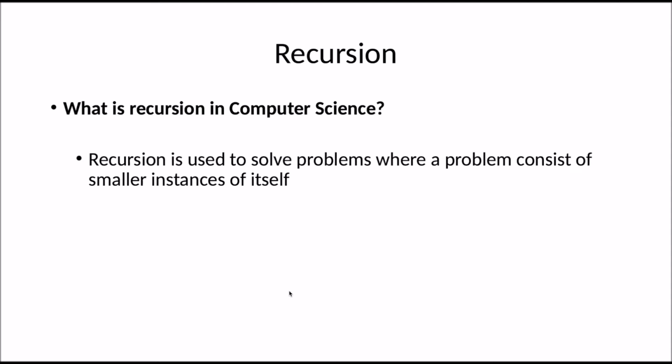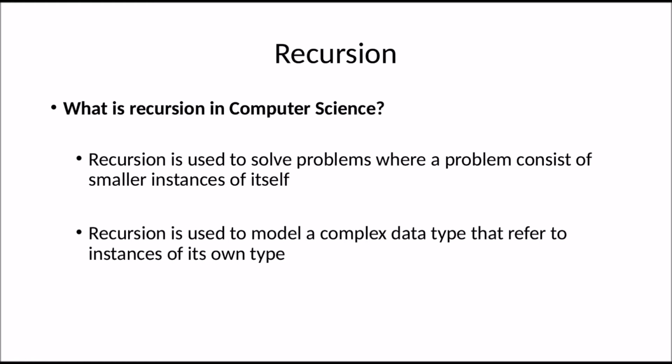So what is recursion in computer science? There are two places where recursion exists in computer science. The first one is to solve problems, when we're defining solutions, algorithms to solve those problems, and the problem consists of smaller instances of itself. The other part is when we define data structures.